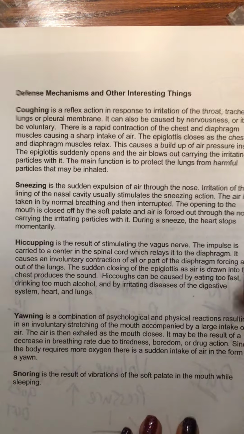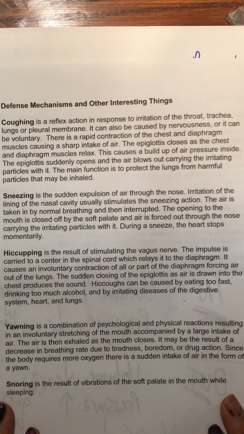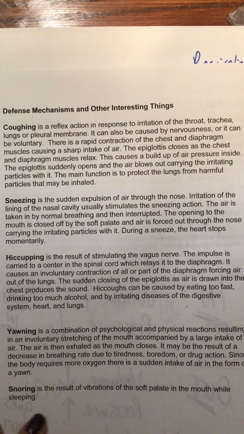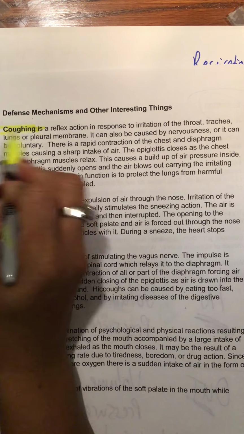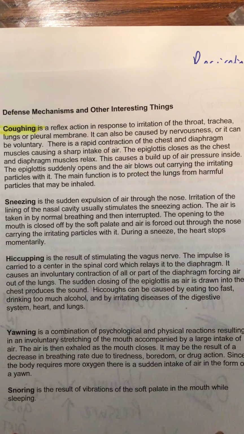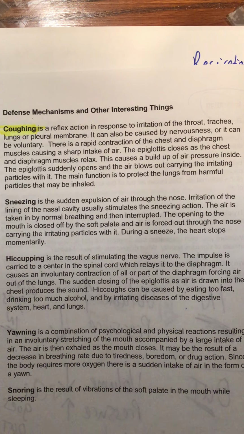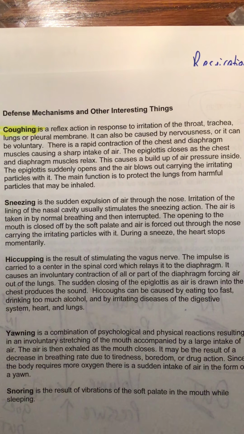We talked about the defense mechanisms of the respiratory system. Amongst those is coughing. This is a reflex, an involuntary response to irritation of the throat, the trachea, the lungs, or the pleural membrane. Sometimes when a person is nervous, it can be voluntary and it can be forced out.